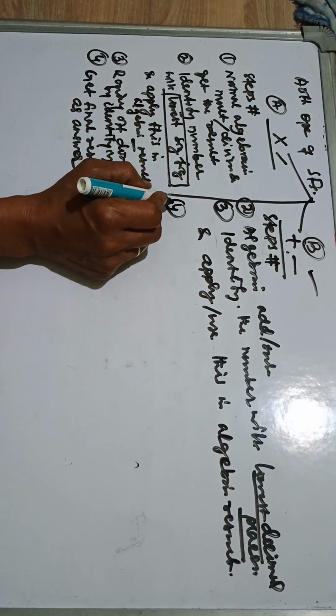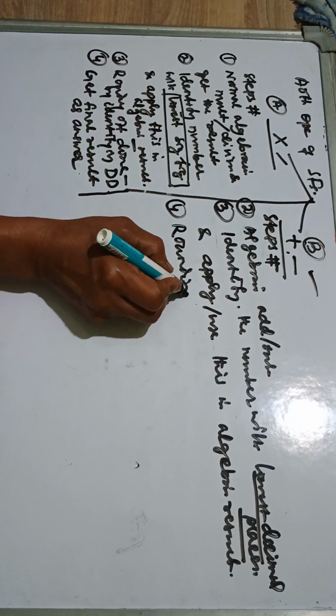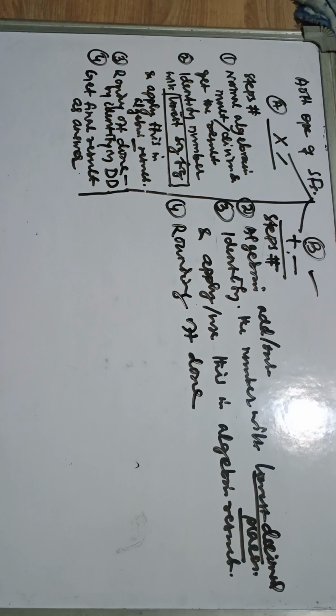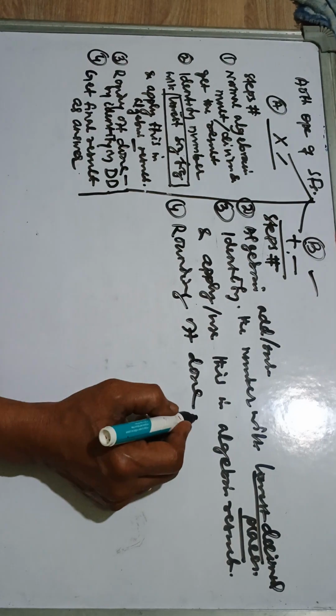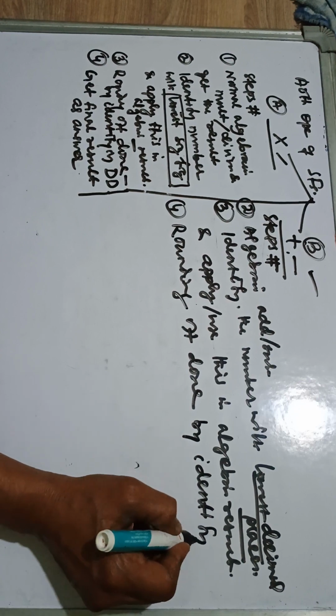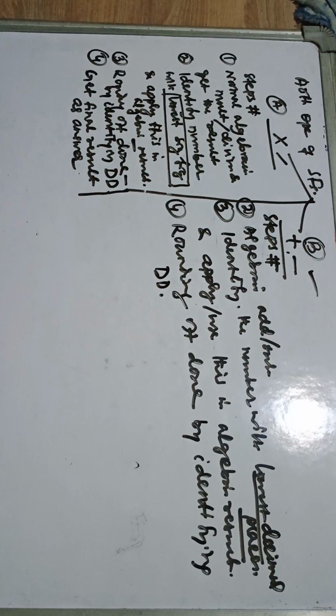Fourth is rounding off, done by identifying the drop digit.